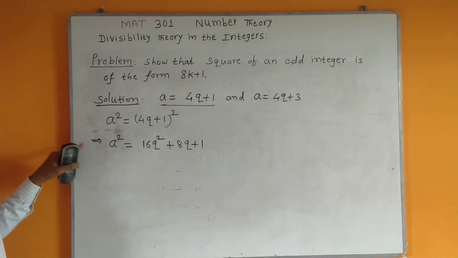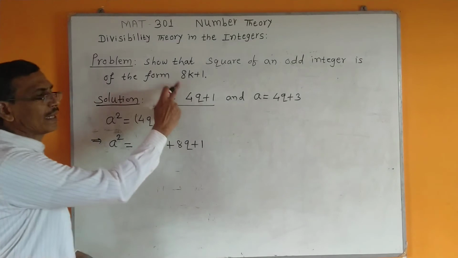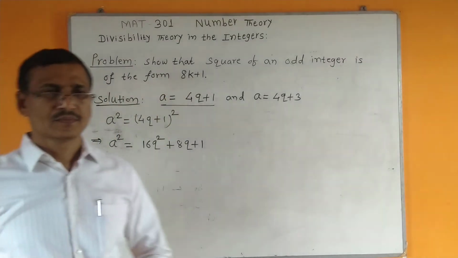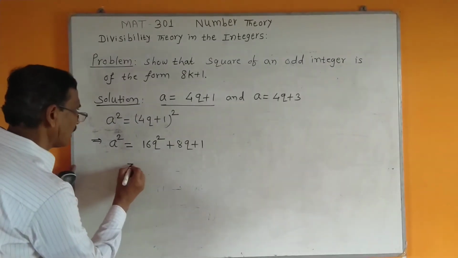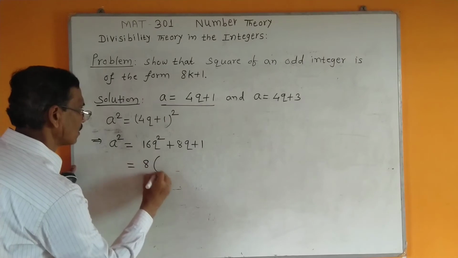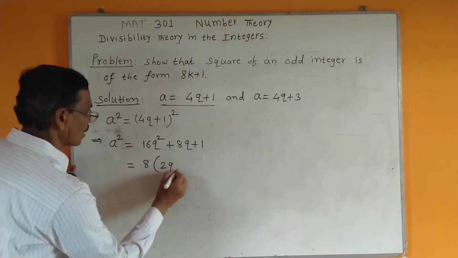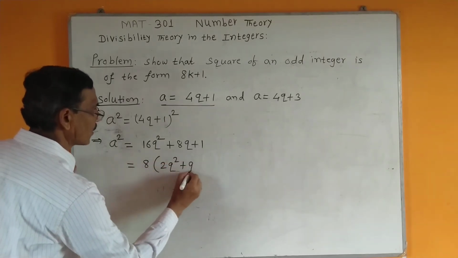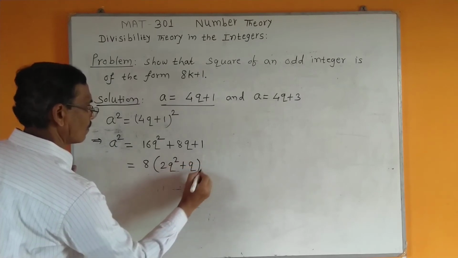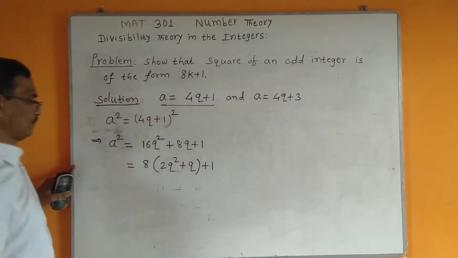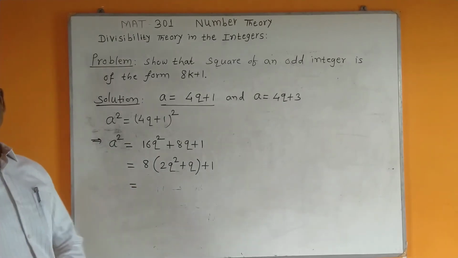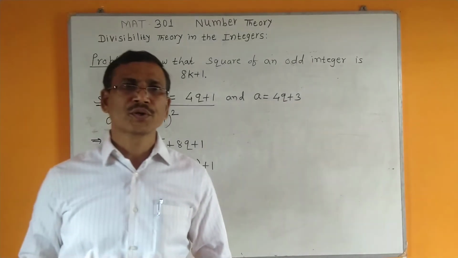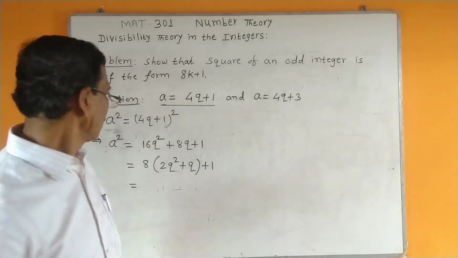Our aim is to prove that a square is of the form 8k plus 1. Taking 8 common, it can be done as 8 times 2q square plus q, plus 1. Now q is an integer, therefore q square is also an integer.